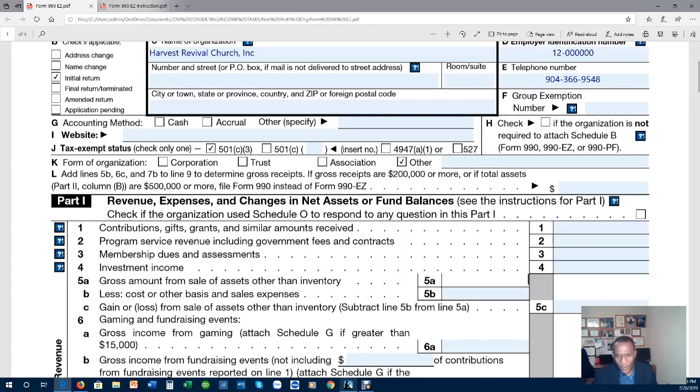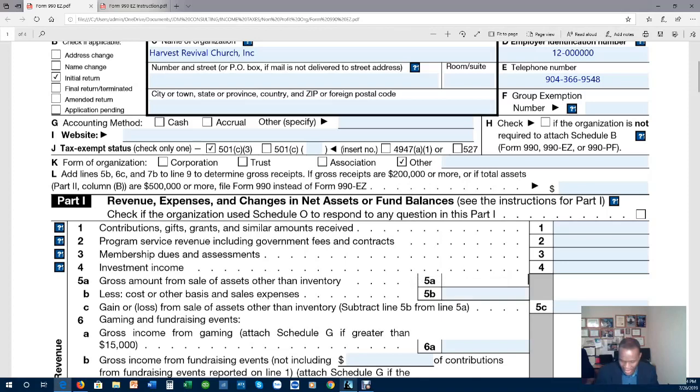Cost of other business and sale expense. From an accounting perspective, let's say you sell the asset for $50,000, but your cost to sell the asset was $10,000, or you have other business and sale expenses.